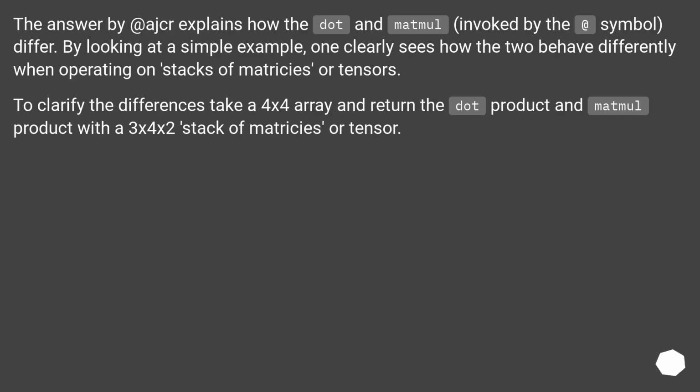The answer explains how dot and matmul, invoked by the @ symbol, differ. By looking at a simple example, one clearly sees how the two behave differently when operating on stacks of matrices or tensors. To clarify the differences, take a 4x4 array and return the dot product and matmul product with a 3x4x2 stack of matrices or tensor.